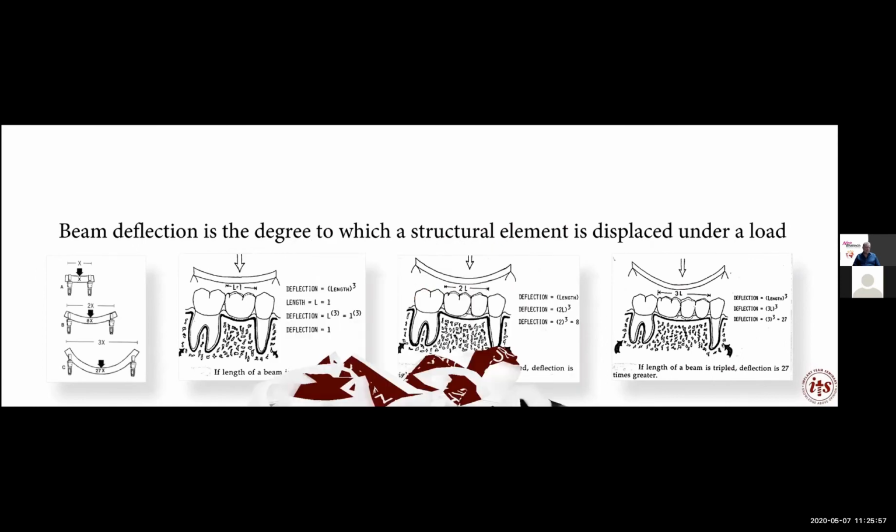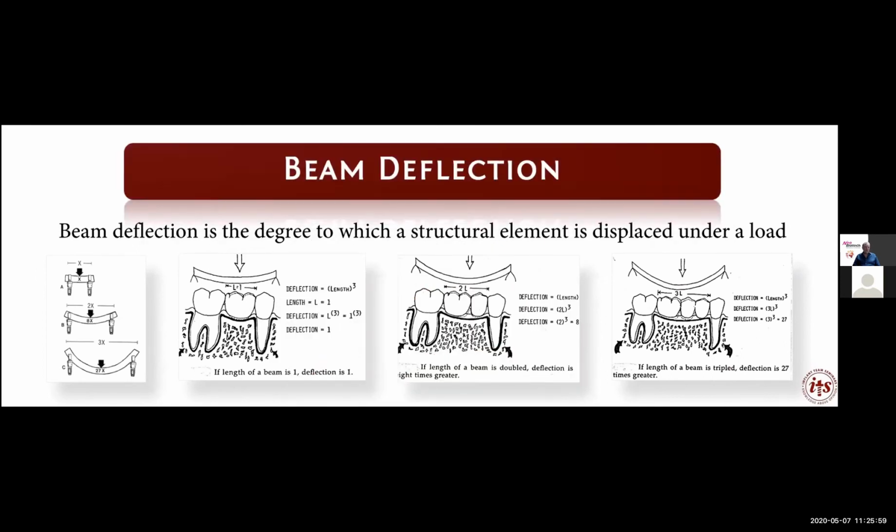The other principle, one that I think is extremely important, especially in crown and bridge, is deflection of the beam. In engineering, deflection is the degree to which a structural element is displaced under a load, like a bridge or a long span bridge. The deflection of the beam increases by the cube of the length.